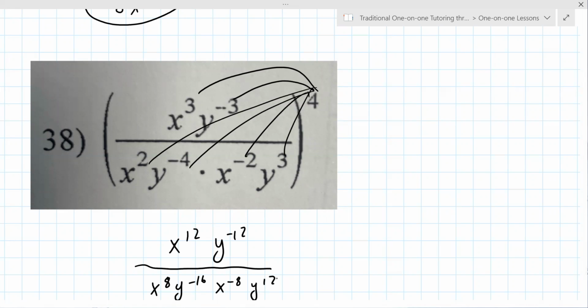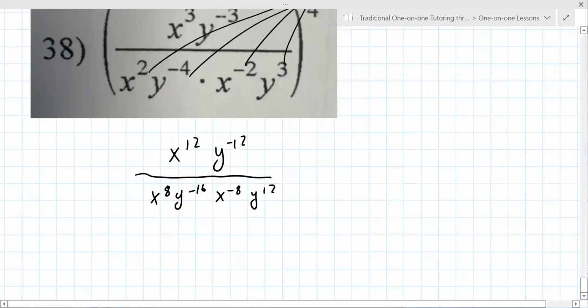Now, what do you see from here? Do you want to combine the stuff on the top and the bottom? What do you see? Probably combine the denominator first. Okay, so like x to the 8th, x to the minus 8. What does that become?